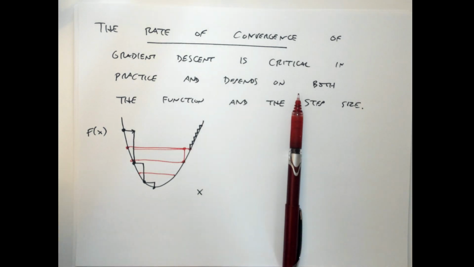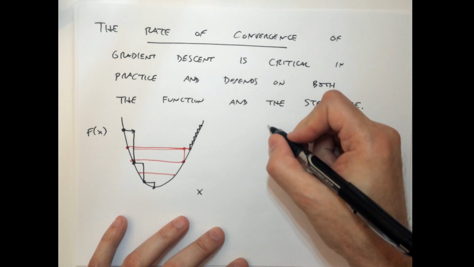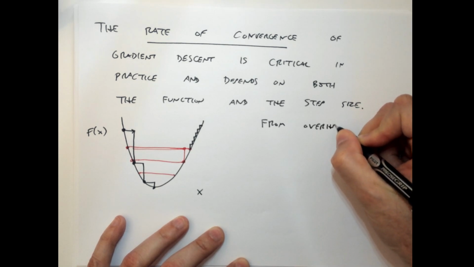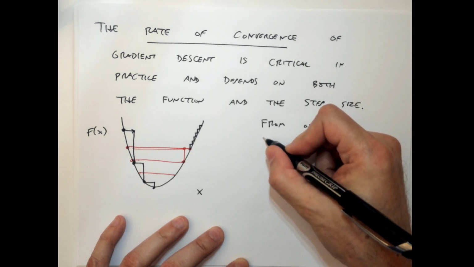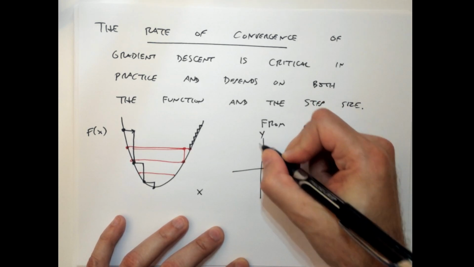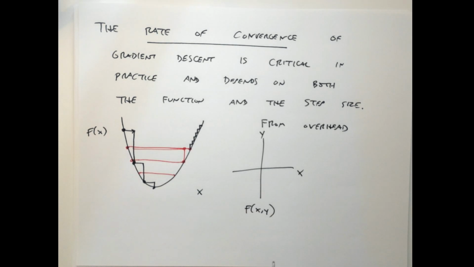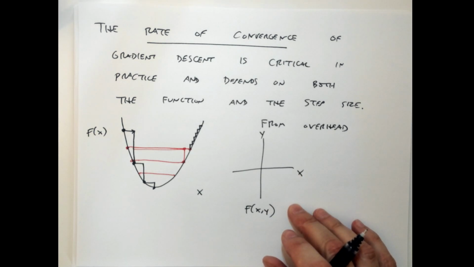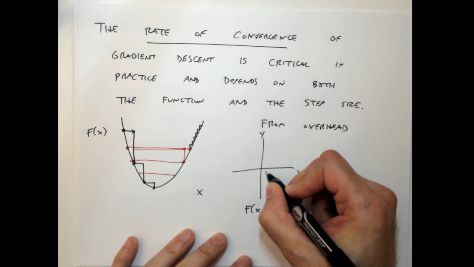the minimum. A different way of looking at this is thinking about it from overhead. If I think about a contour plot of x and y, like the iso contours of probability if you took probability with me, it's a topological map of the function. A bowl-shaped function looks like this.